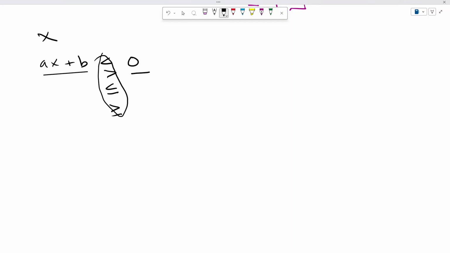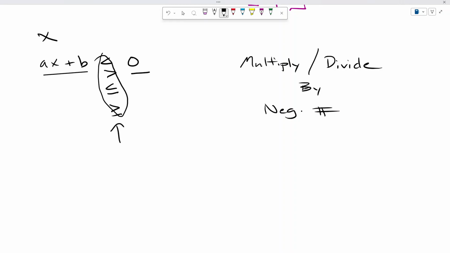And a very important note going forward, another very key rule to remember, whenever you multiply or divide both sides of an inequality by a negative number, the direction of the inequality symbol is reversed, right?